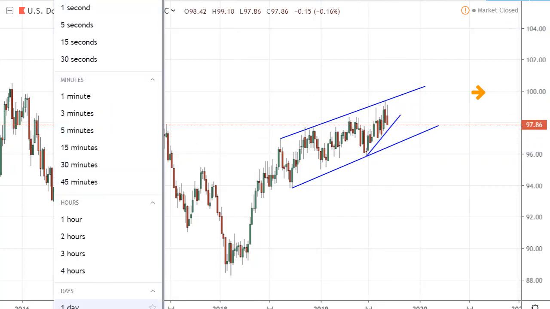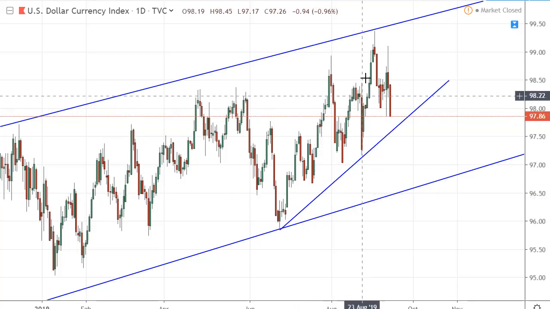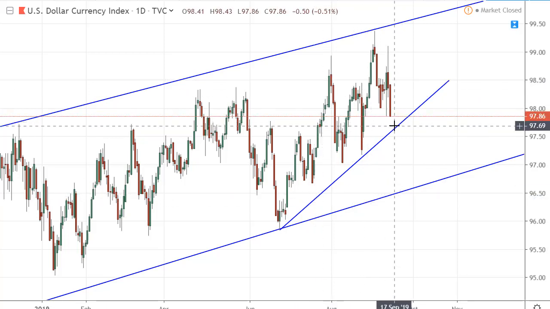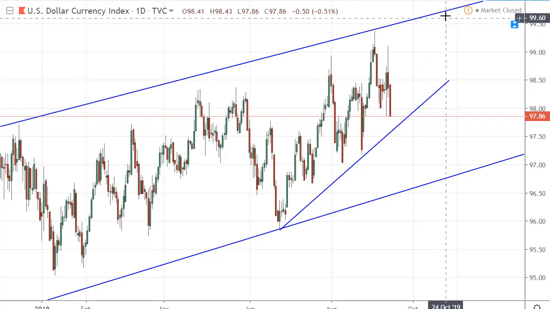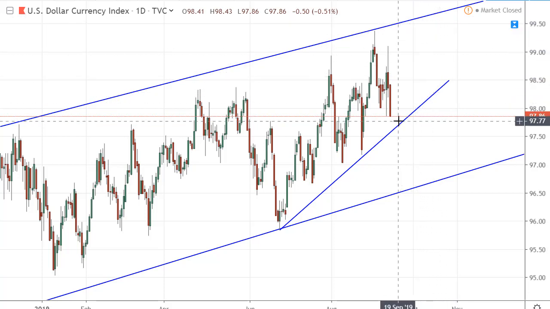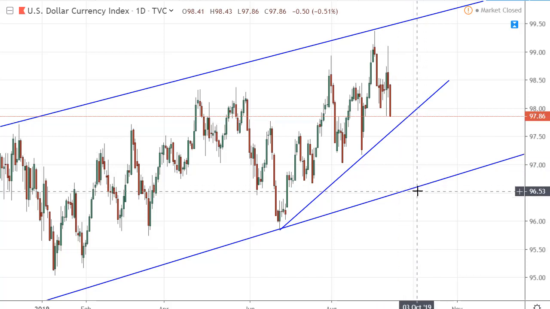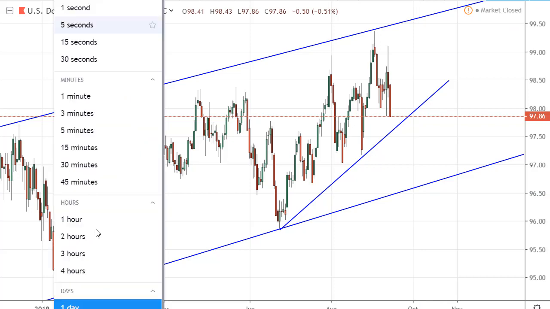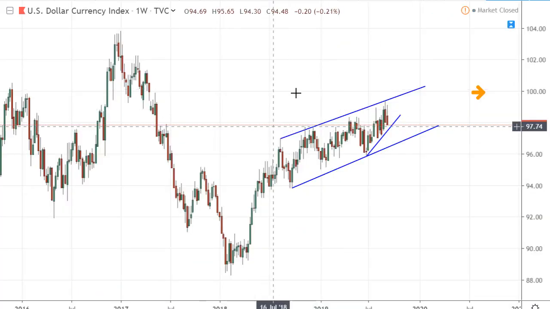If we zoom in a little bit to daily, we can see that a potential bounce from here is likely, and maybe some recovery back into these 100s is a possible scenario. But for now, as you can see in the other charts I want to show you, there is most definitely something going on. Summertime is over, and we are back into a full trading, full movement period again.